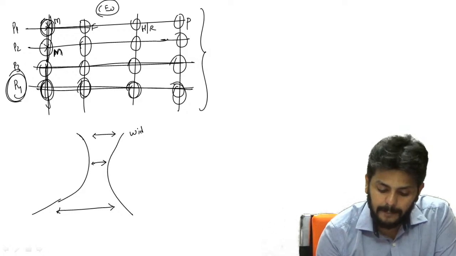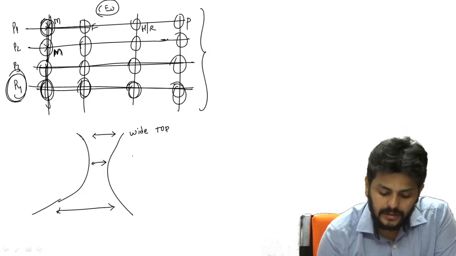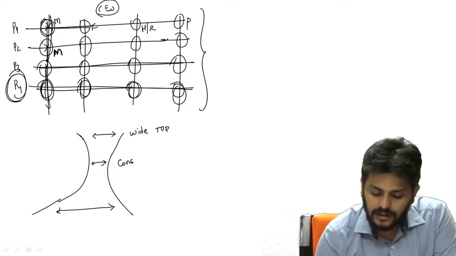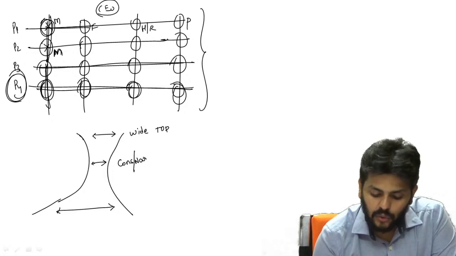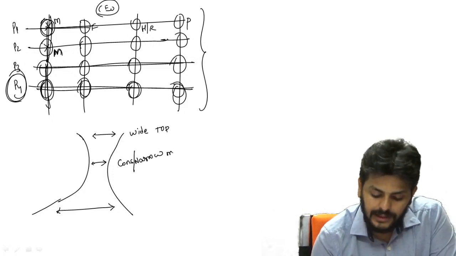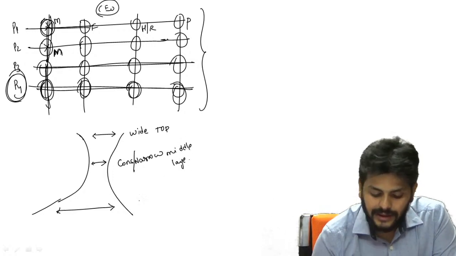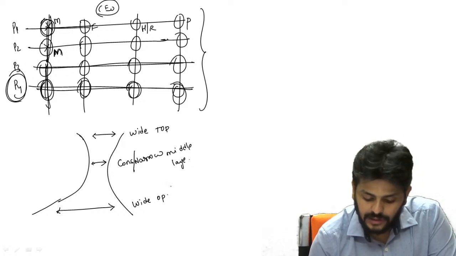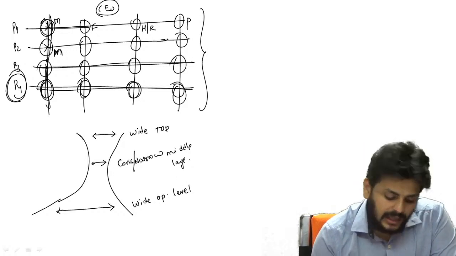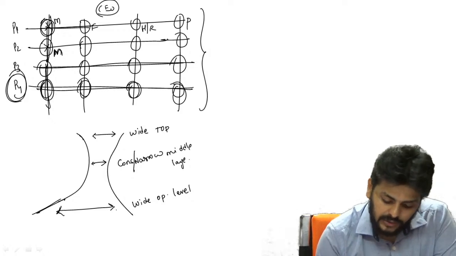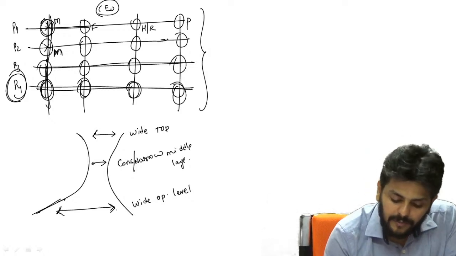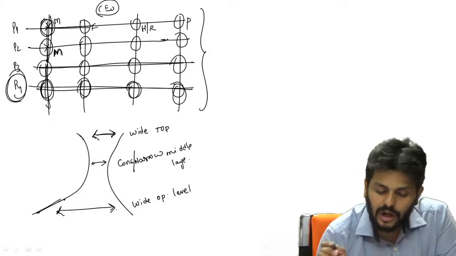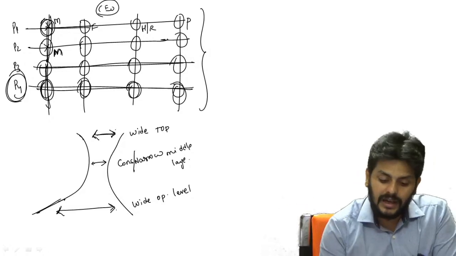Okay, wide top layer, constricted or narrow middle layer, and wide operational level. So many people are there to execute the jobs. A good number of people, as much as required to do the top corporate jobs, are also there.